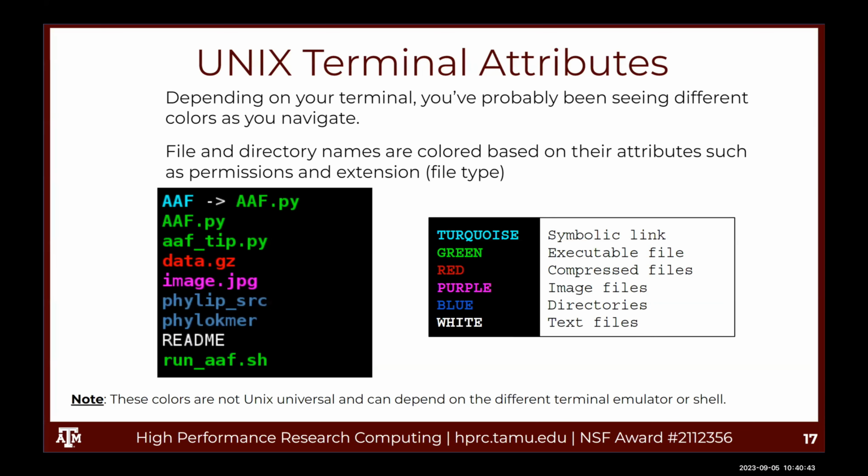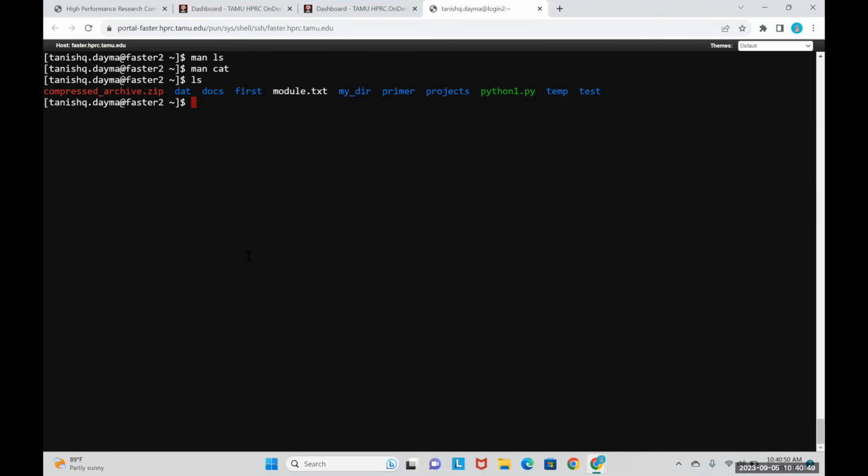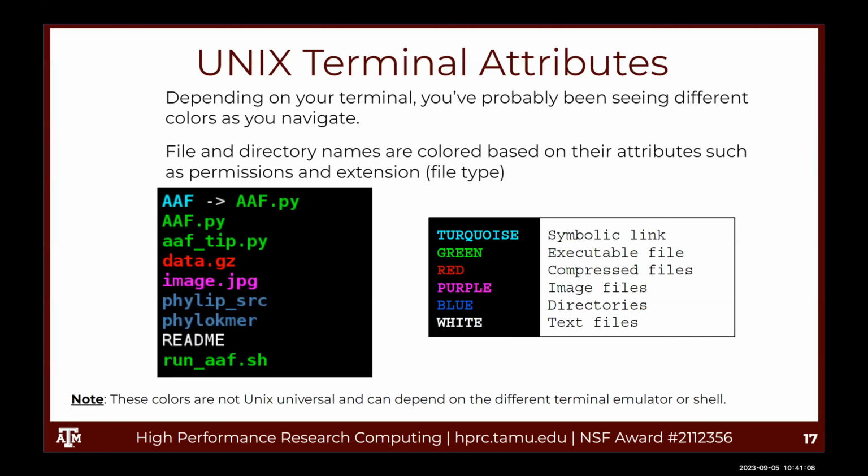It totally depends on your terminal emulator, and there's a chance it is different for different people. So in our shell, the zip file is in red, directories in blue, normal text files in white, and if there's a script or an executable file, it's in green.